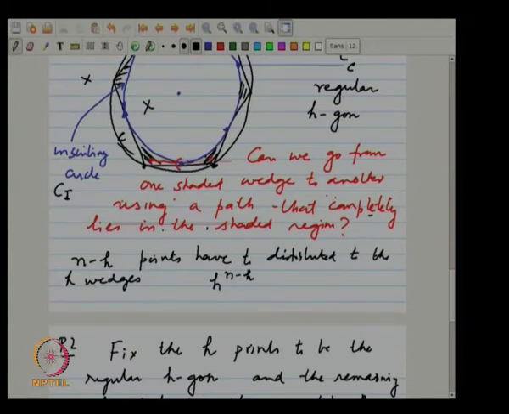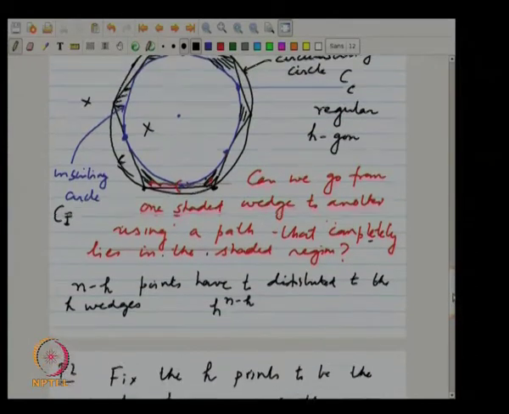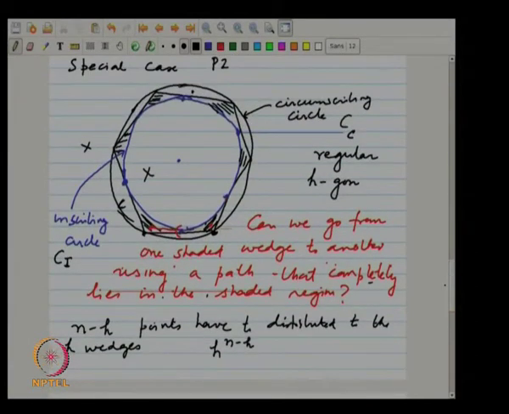Okay. Now, I claim that any of these two yes instances must be in different connected components of the solution space. So, now the solution space is in this high dimensional space. We have n points, each point has two coordinates. So, we are talking about R to the power 2n dimensional space. In that space, I am trying to visualize what are the connected components of the yes regions.